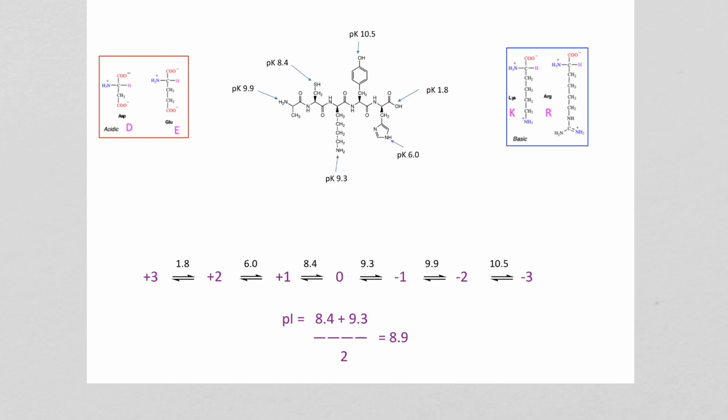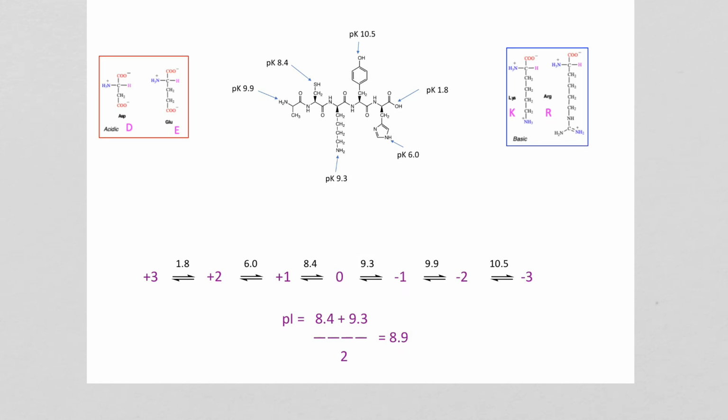So you can see this protein, which has 1, 2, 3, 4, 5, 6 pK values, you have 1, 2, 3, 4, 5, 6, 7 possible structures. So now to find the pI, we simply take the structure that has a net charge of 0, take the pK values on either side of it, that's 8.4 plus 9.3, take the average of that, and you get a pI of 8.9 for this polypeptide chain.